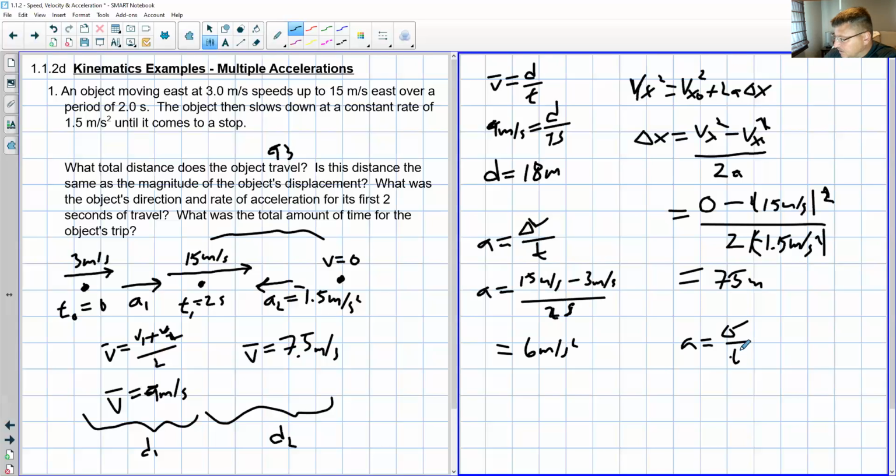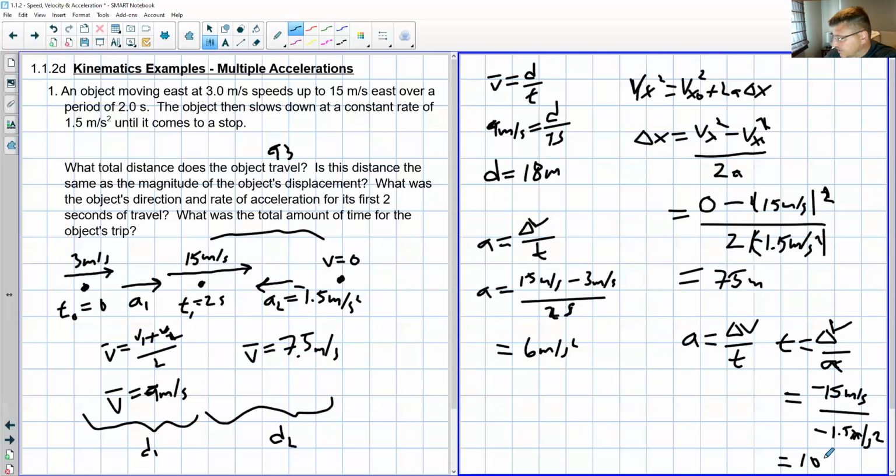Delta V over T. And it should actually be kind of obvious what it is, because, right, our acceleration is delta V over T, so T equals delta V over A. So our change in velocity is minus 15 meters per second over negative 1.5 meters per second squared, for a time of 10 seconds.